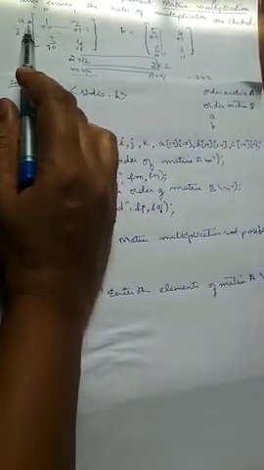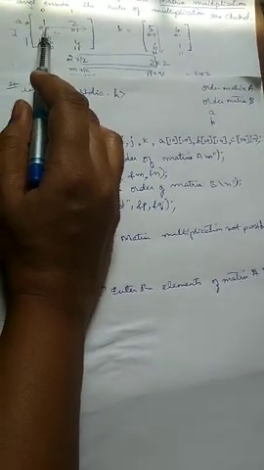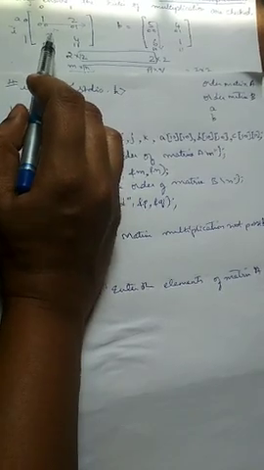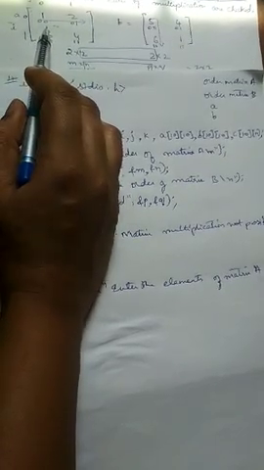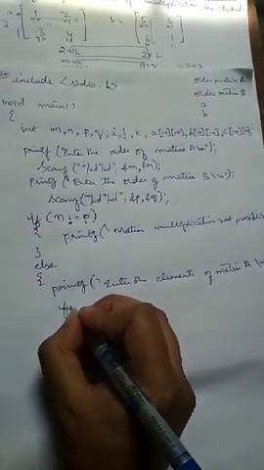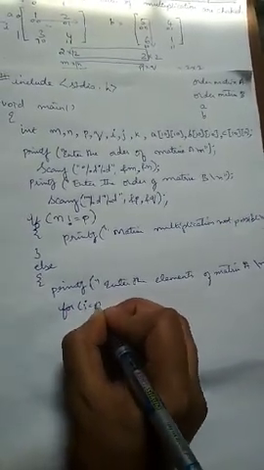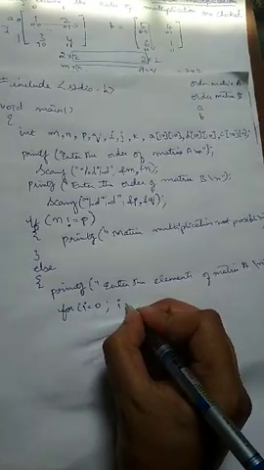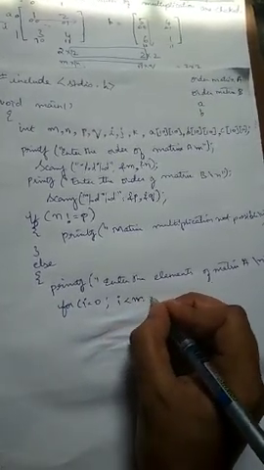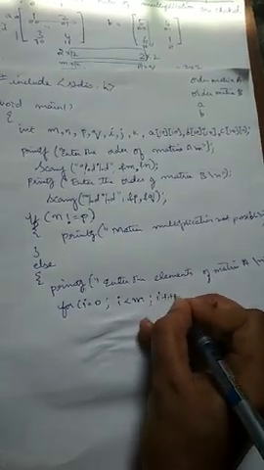This is a two-dimensional array. So to keep track of rows, we have to make use of i, and to keep track of columns, we make use of j. So let us write: for i equal to 0, i less than m, since for matrix A the rows is m, i plus plus.